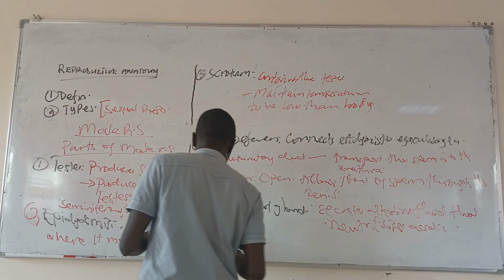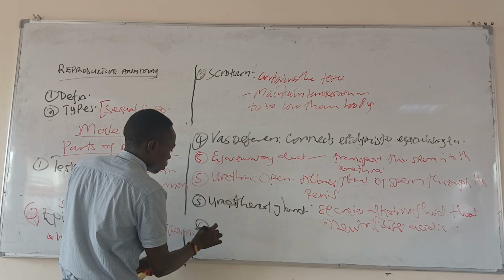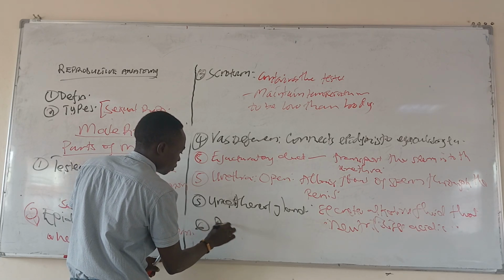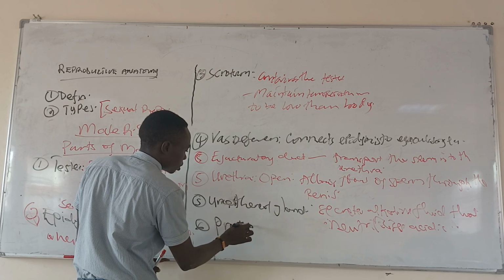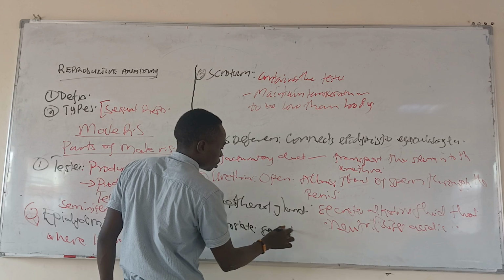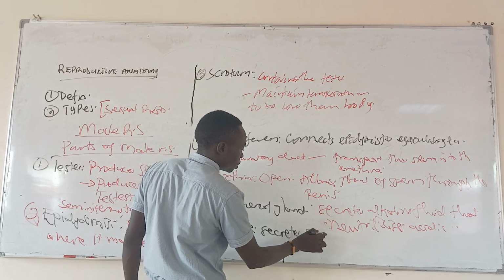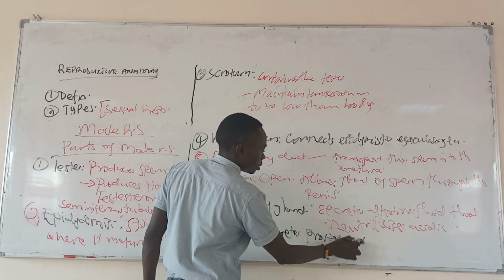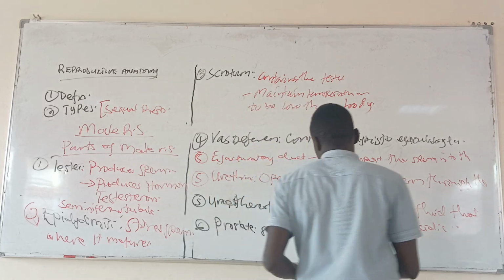Then we also have glands around: the prostate gland and the seminal vesicle. The prostate gland secretes prostate fluid, which is nutritious.